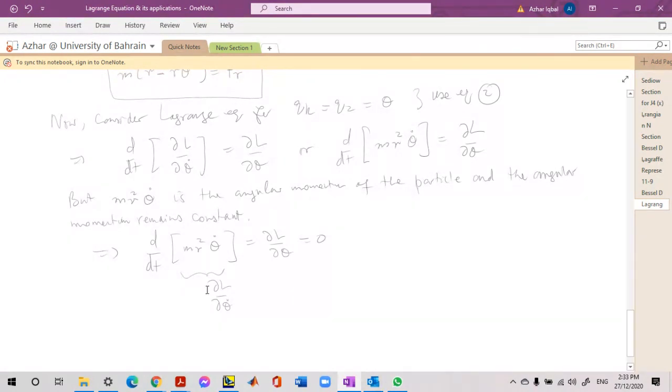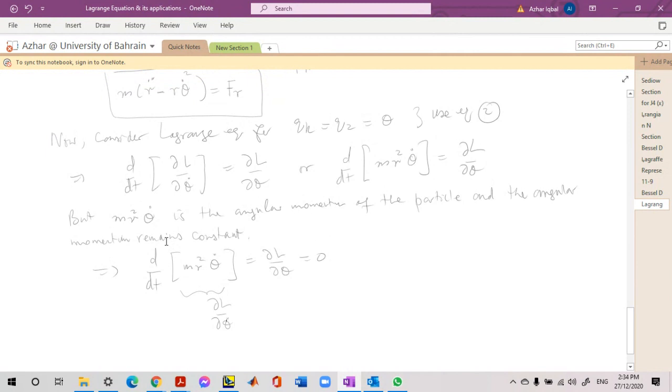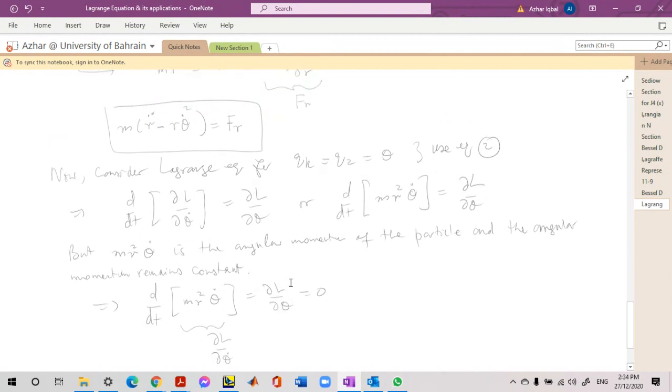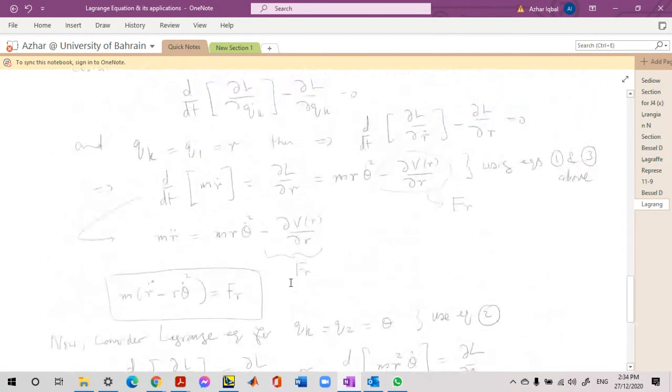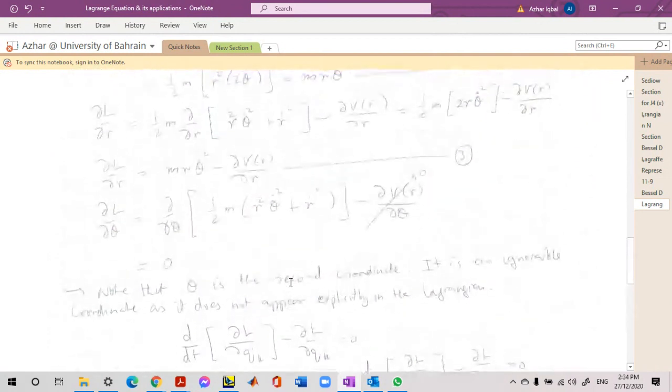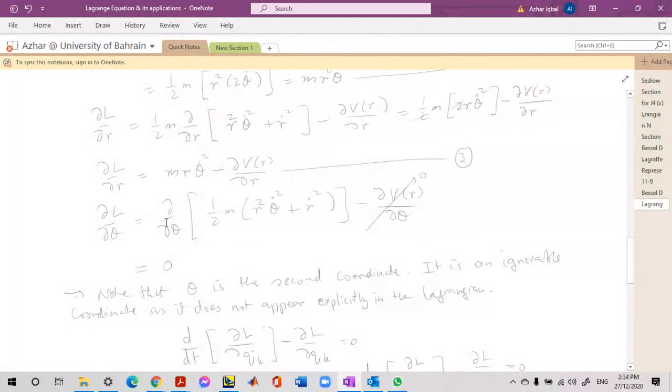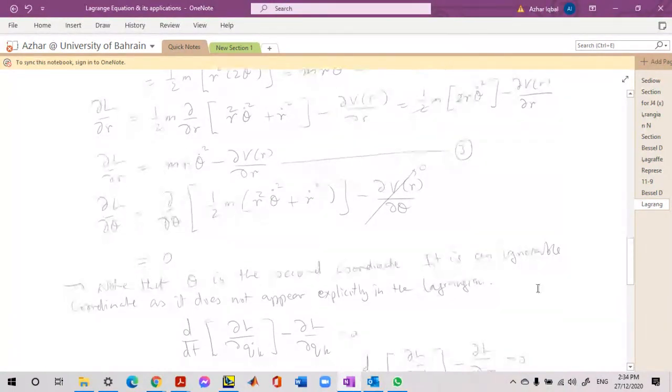And partial L over partial theta is equal to 0, as we also obtained from above, because theta does not appear explicitly in the Lagrangian.